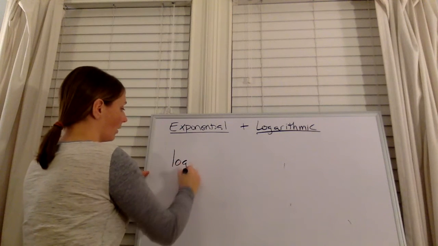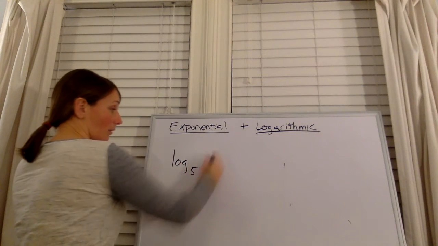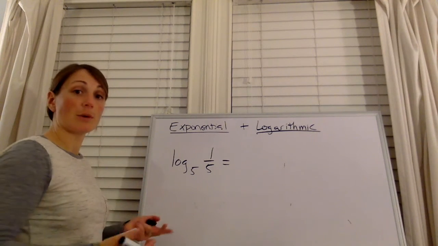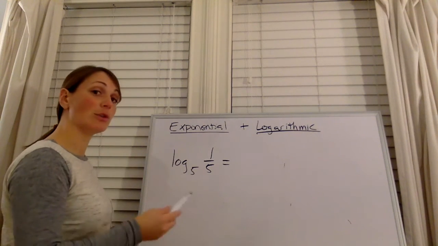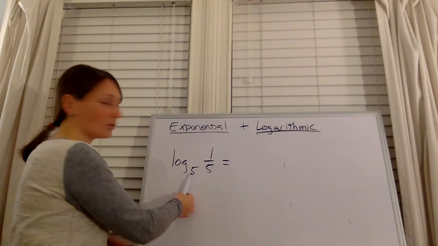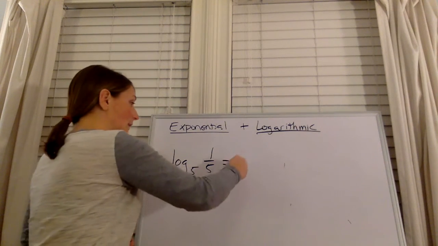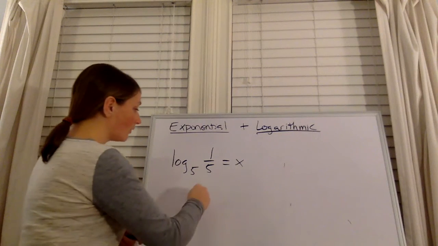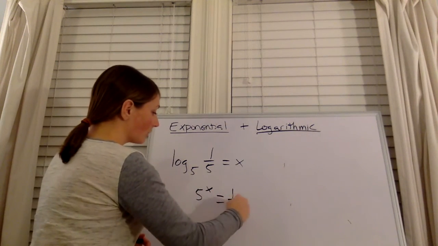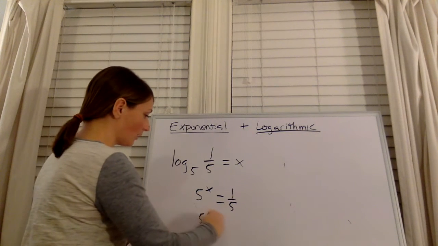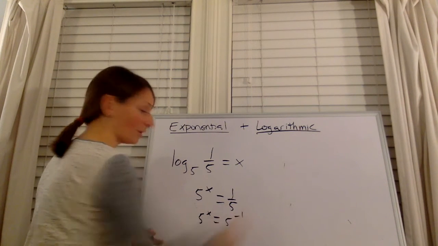Okay, log base 5 of 1/5. What is this? Evaluate this. And then you had to do this little process. Ask yourself this question. 5 to what power equals 1/5? So I say, oh, I don't know. 5 to some power equals 1/5. And then we have two base 5s. 5 to the x and 1/5 is 5 to the negative 1.